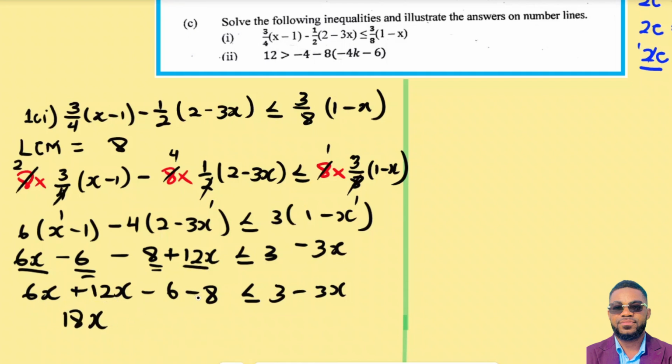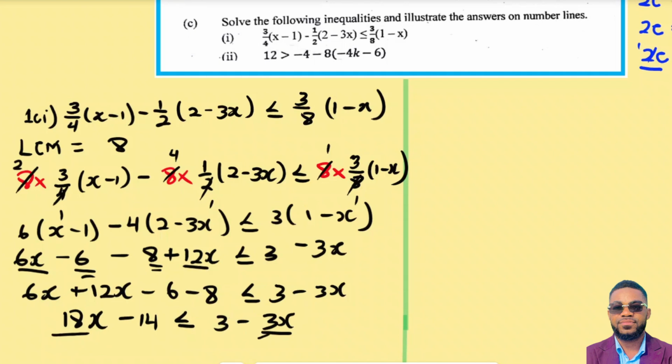Now negative 6 minus 8 is going to be negative 14 less than or equal to 3 minus 3x. So at this point, we have to group other like terms here, because negative 3x and 18x, they are like terms, and this and also that, they are like terms.